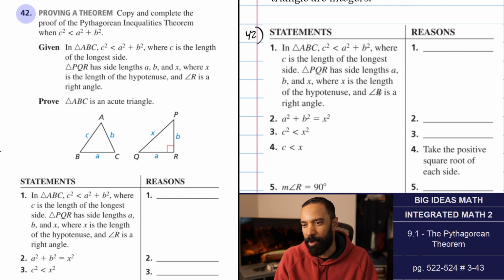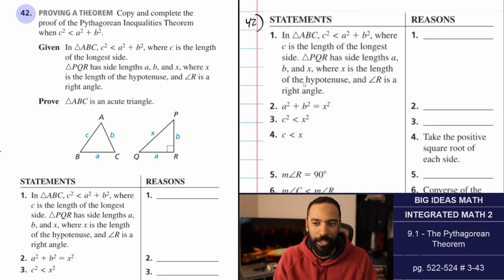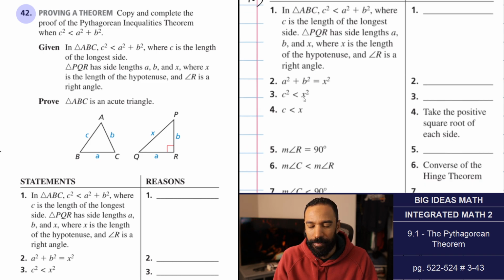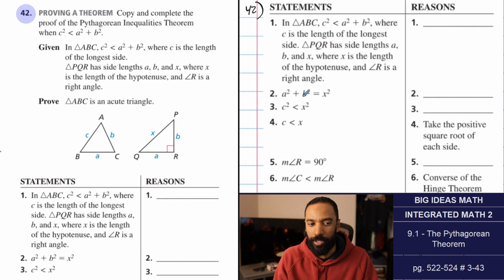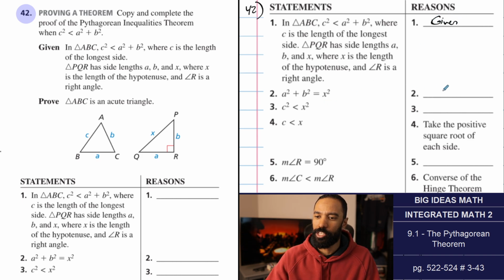We're going to do the same thing that we did before on the other one, only I didn't give them names here, which is fine. However, we're going to do it for an acute triangle instead of a right triangle. So, this is a given. A squared plus b squared equals x squared is the Pythagorean theorem.